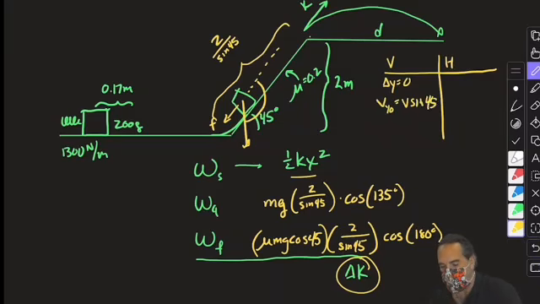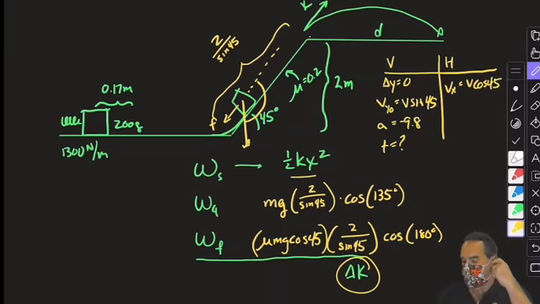Doesn't really matter here. And my Vx will be V cos 45. And you're looking for T. You could also use the projectile formula there, the range equation. All right. That's number whatever that is.